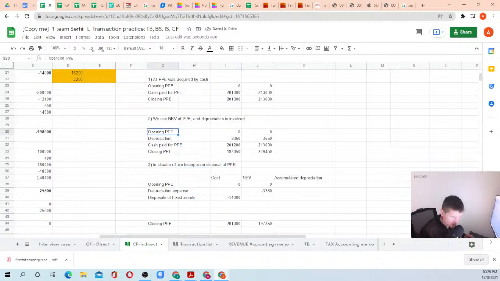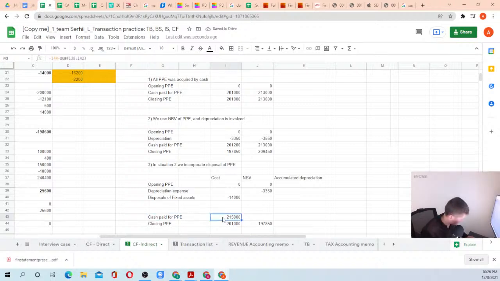And now we need to calculate cash paid for PP&E. If we have all cost data, the most important one will be this one. If we have access to that number, we can figure out the rest. So that will be this minus the sum of everything else.